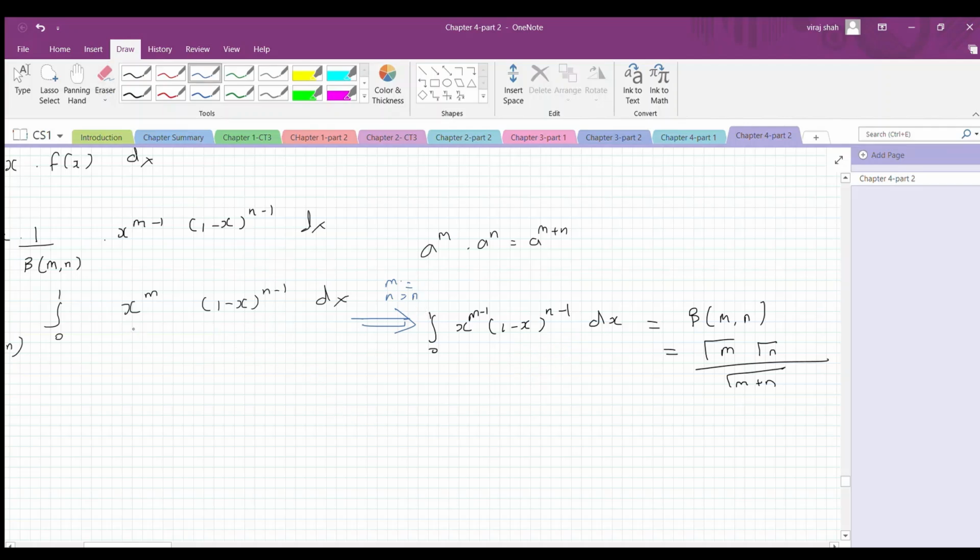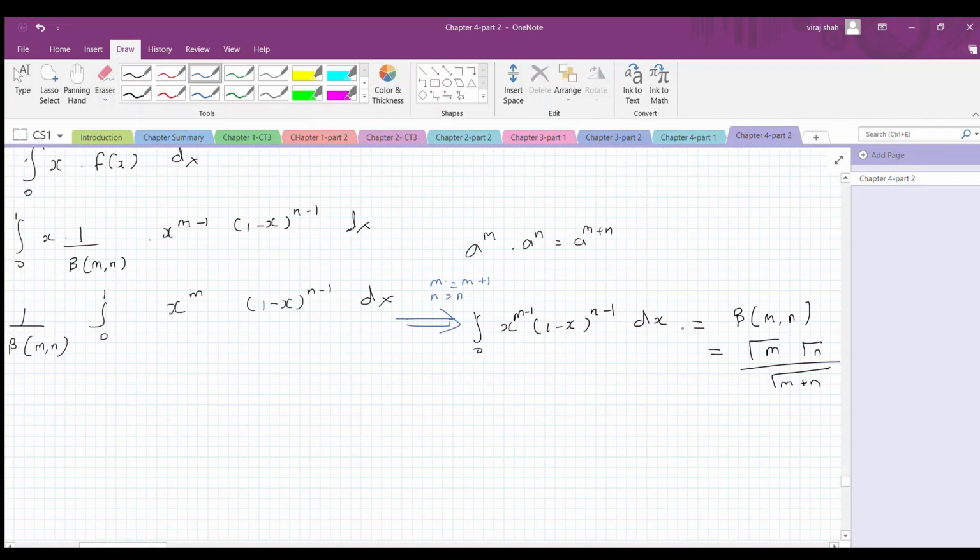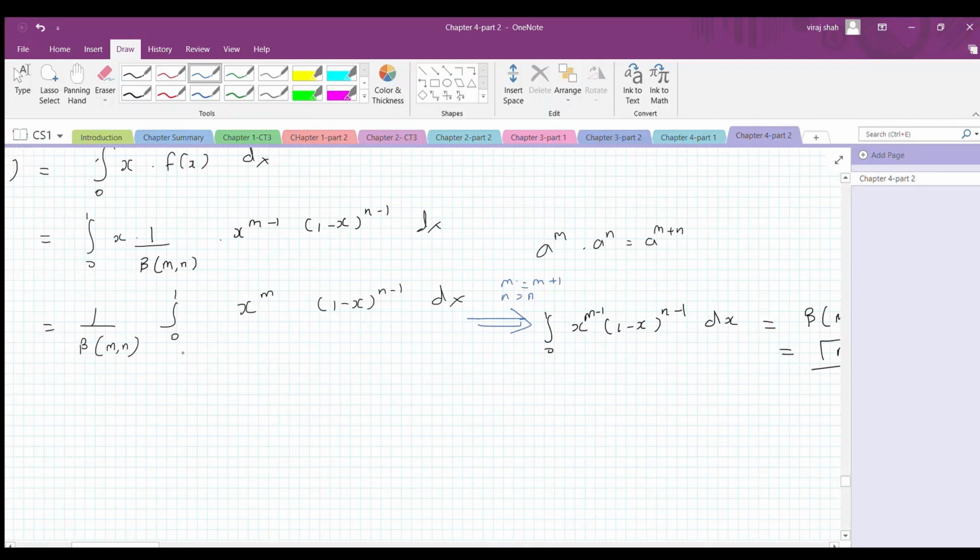If you compare this term and this term, I can write this as x raised to m plus 1 minus 1, right? Now I can compare these two and state that my m is m plus 1. So I got this. Now I can use the beta property, so instead of this, I can write my beta property.